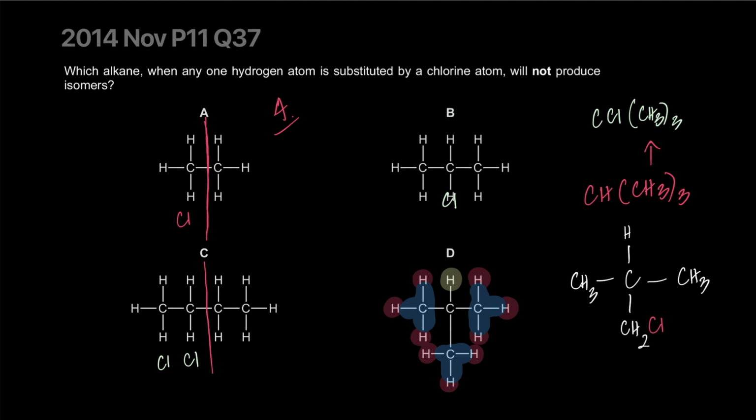So A, you should be dead confident. You see A, you ignore everything else because that's how good you should be in chemistry or figuring out isomers. You should be confident over here about this time.